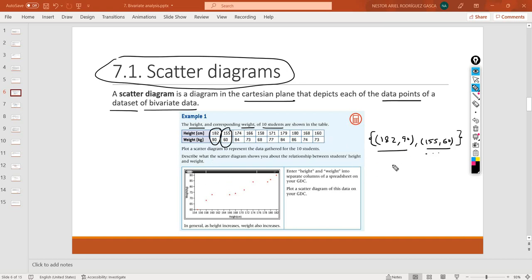So each of these data points can be plotted on a Cartesian plane in this way. 182, 90, that's this point. 155, 60, that is this point, etc. So we do the same for each of the data points of my data set, and that representation is what is known as a scatter diagram. Basically, it's the graph of the data set.